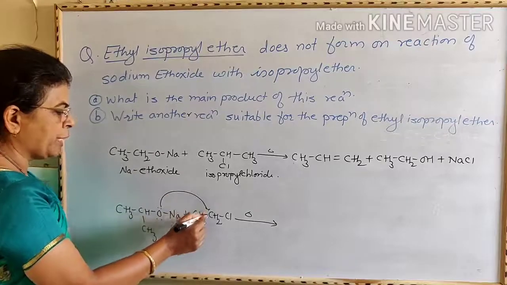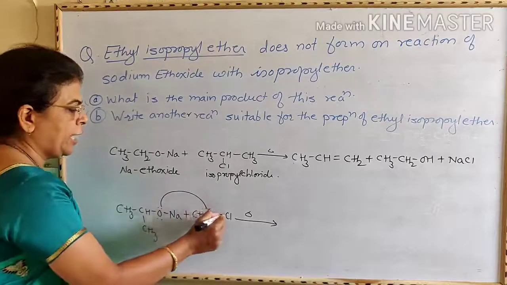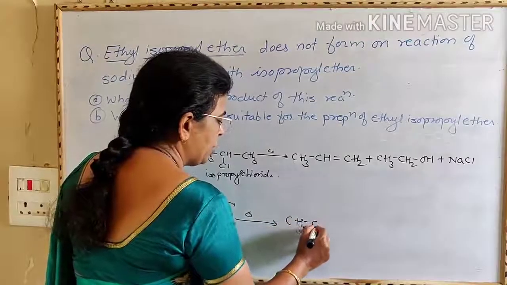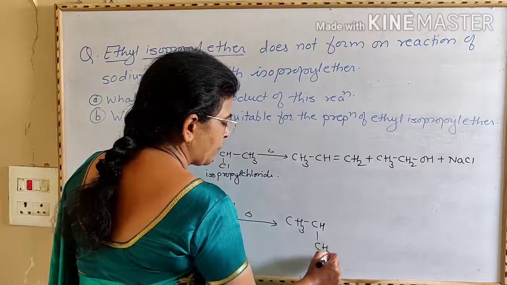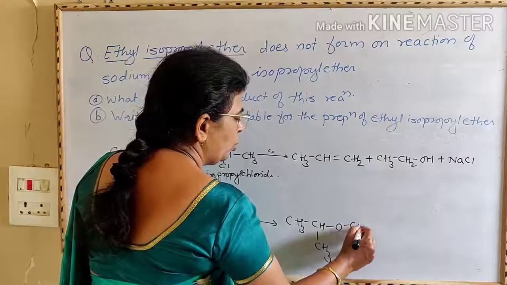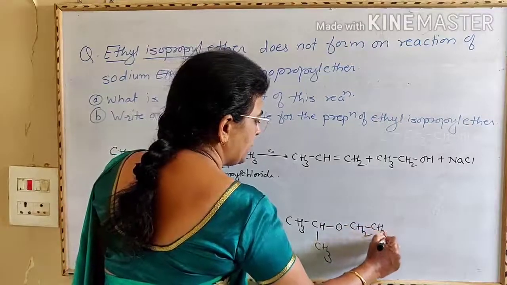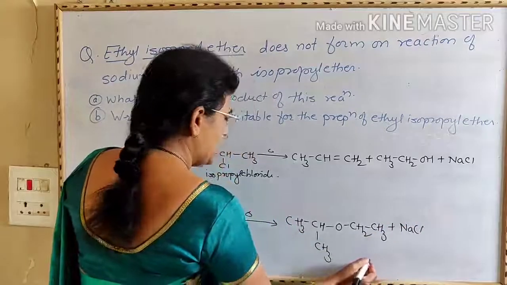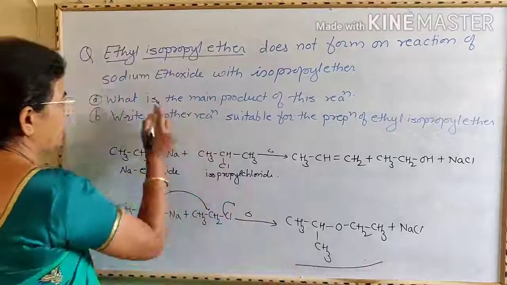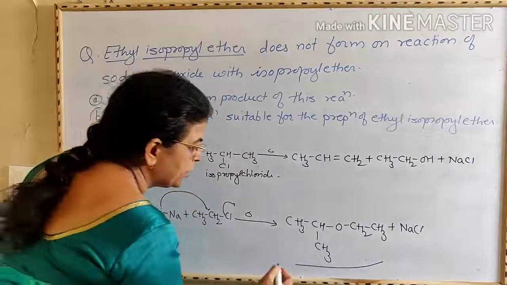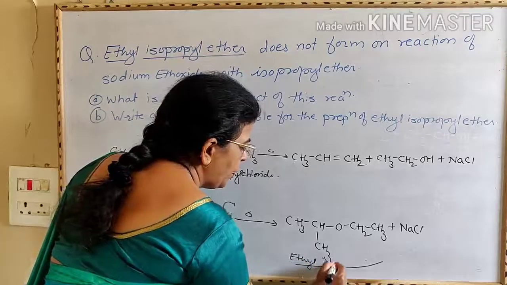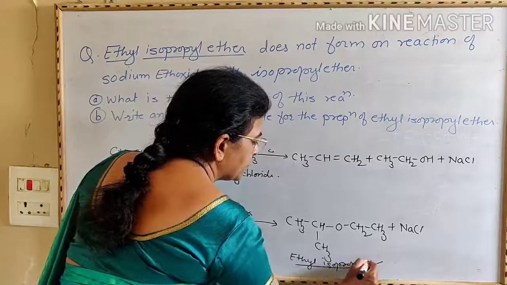This electron pair gets shifted on this CH to CH3 and this Cl is removed to form (CH3)2CH-O-CH2CH3 plus NaCl. This compound is ethyl isopropyl ether.